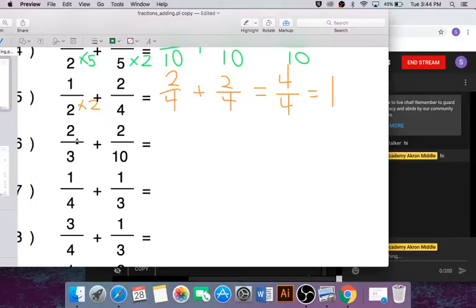Our next one, we have 2 over 3 plus 2 over 10. To figure out what goes into both 10 and 3, the least common multiple for that is going to be 30.